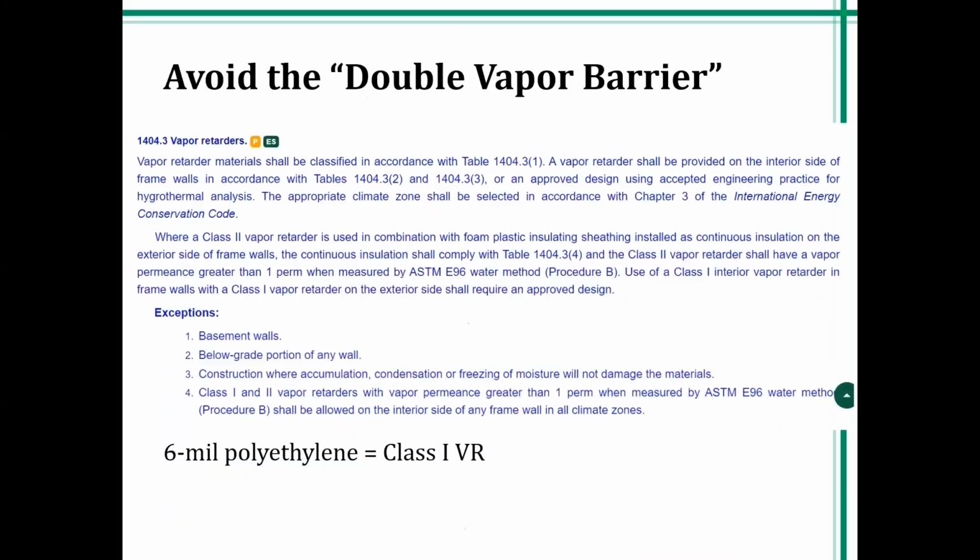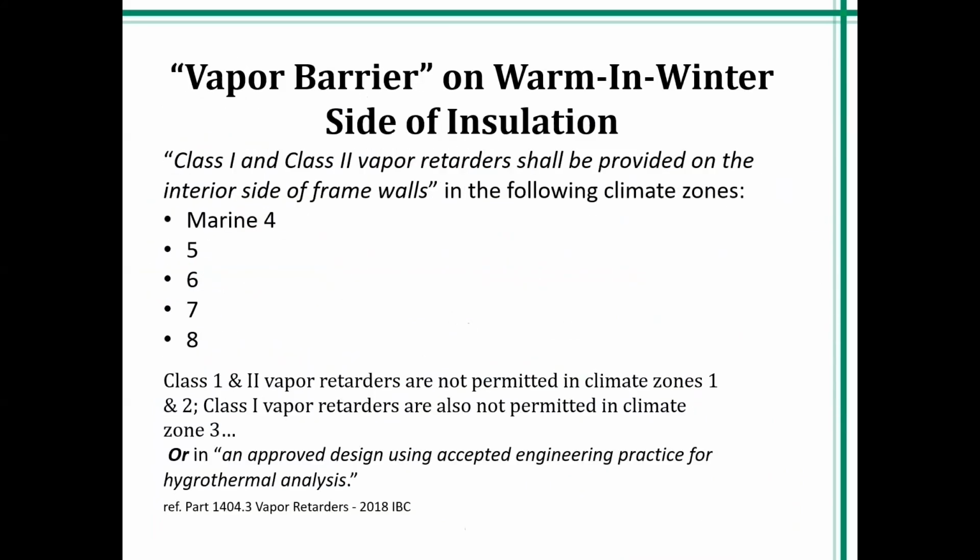I had a project in Michigan where there was a consultant, and this was before the code required exterior continuous insulation. It was a standard framed wall with batt insulation between the framing. And typically in that type of wall, we would have the vapor barrier on the warm side of that batt insulation, the old-fashioned wall, I guess I'll call it.